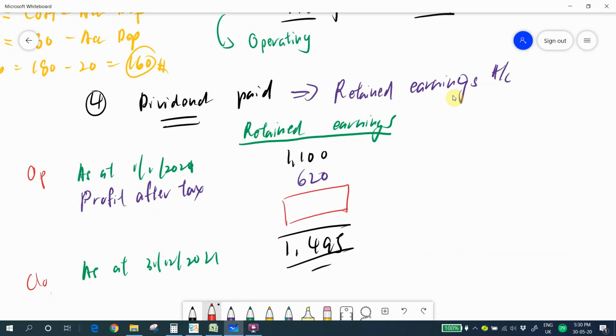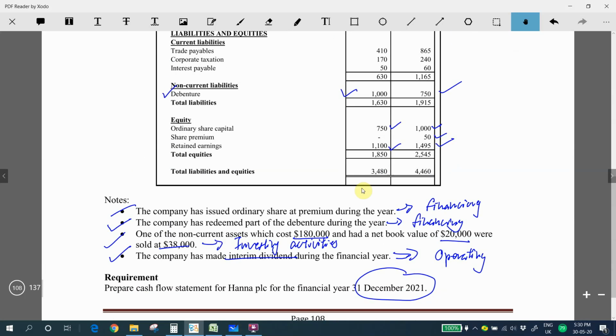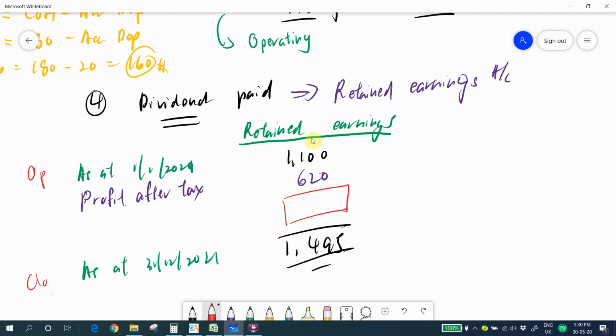What are the possible transactions that we will show in the retained earnings other than transfer between the reserve? Because this question is silent on the transfer of reserve, we assume we don't have any transfer between the reserve. So the only available information in this retained earnings account will be the dividend payment.